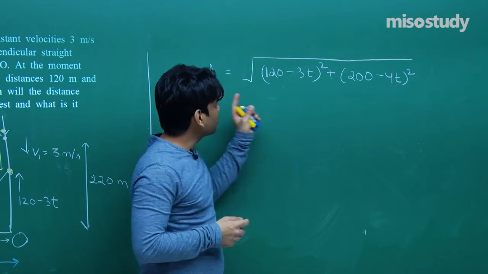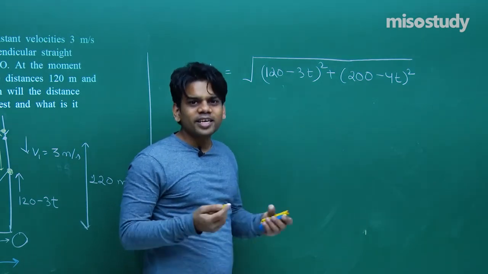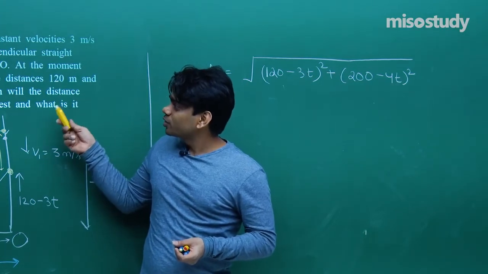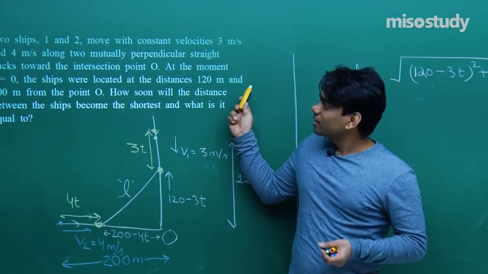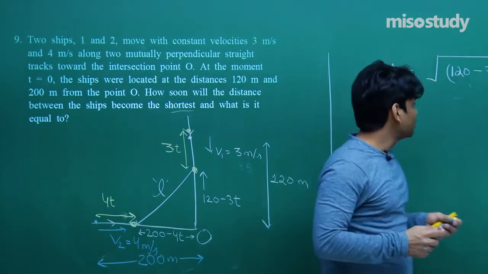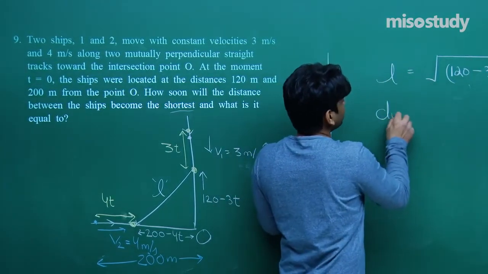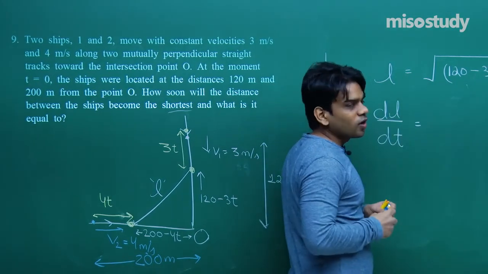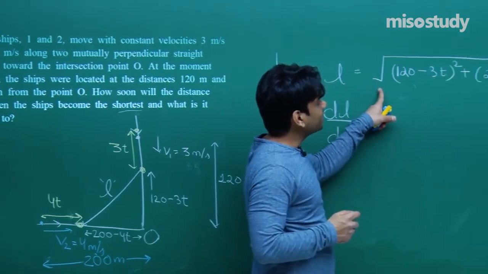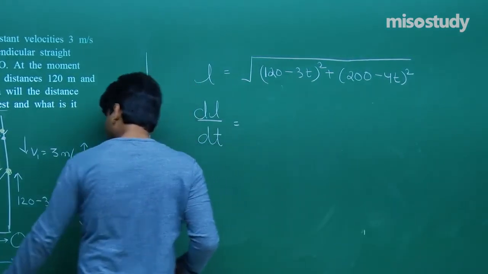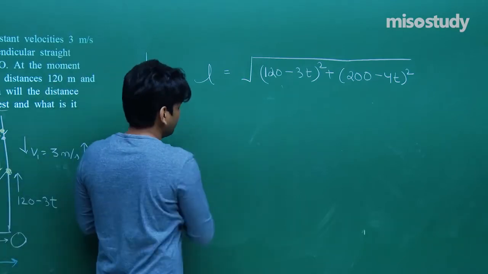Let's solve this. L equals to this much. It's a case of maxima and minima. We have to find out how soon the distance becomes the shortest, and before that we have to find the shortest distance in the given time. So it's a case of maxima or minima, so dL by dt. First of all, we need to solve this. Let me show you how L can be written so that differentiation will be easy.